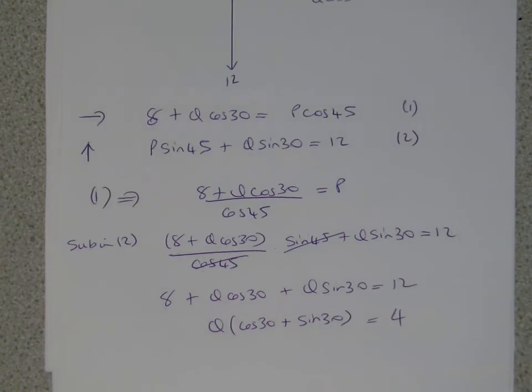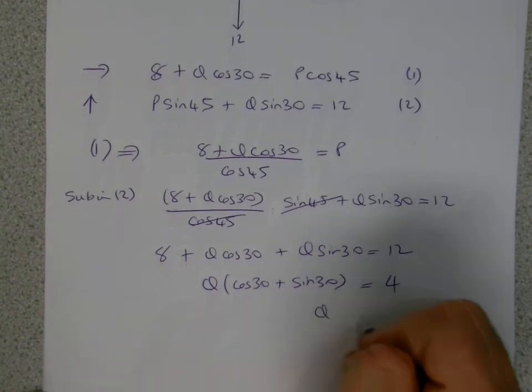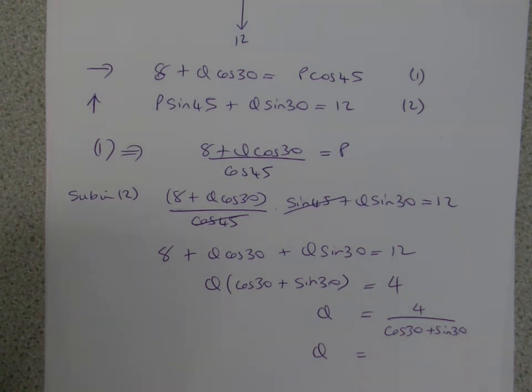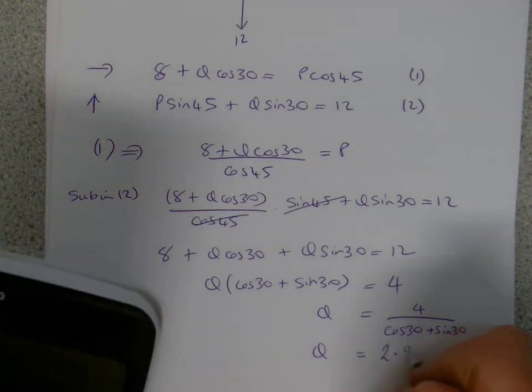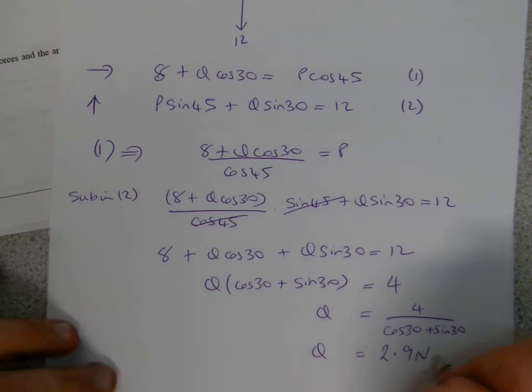To get Q, all I've got to do is take the cos 30 plus sin 30 over to the side. So 4 over cos 30 plus sin 30, make sure you're in degree mode, and we get 2.9, to 1 decimal place, so 2.9 newtons.